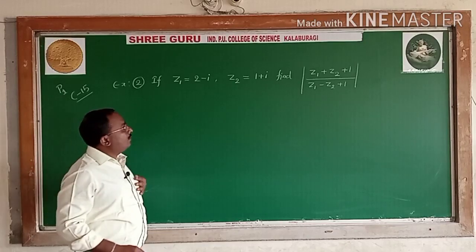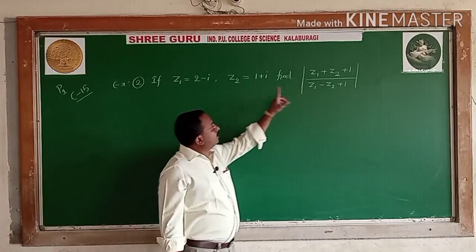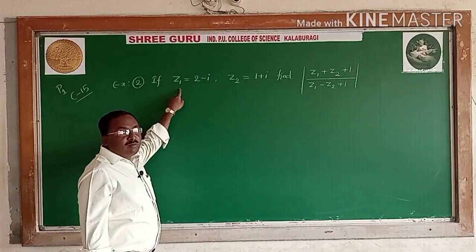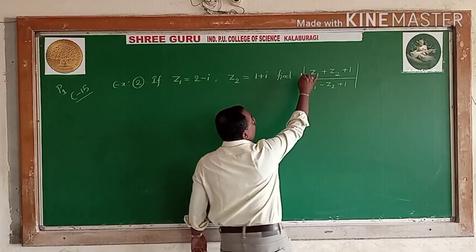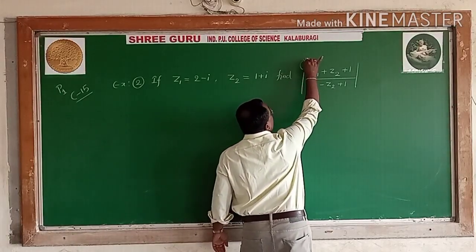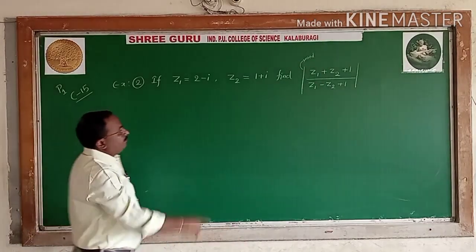Here, Z1 is one complex number, Z2 is another complex number. This is the modulus.